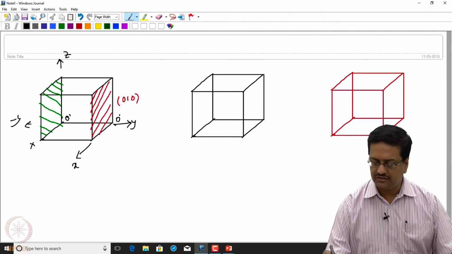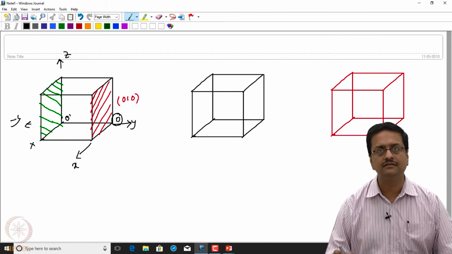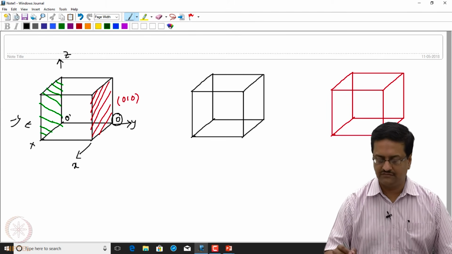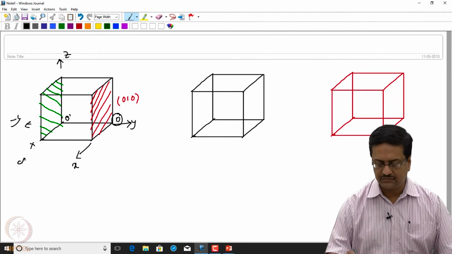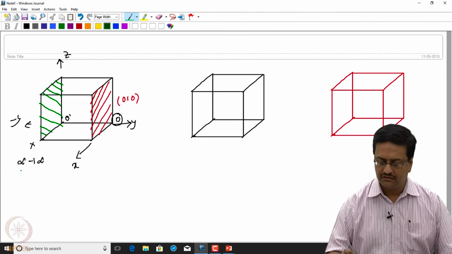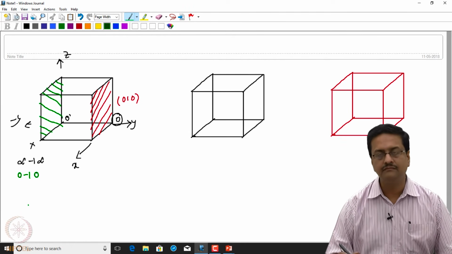So now with respect to this new origin, this plane is parallel to x, parallel to z, and has y-intercept minus 1. So the intercepts are infinity, minus 1, infinity. So on taking reciprocal, it becomes 0, minus 1, 0.